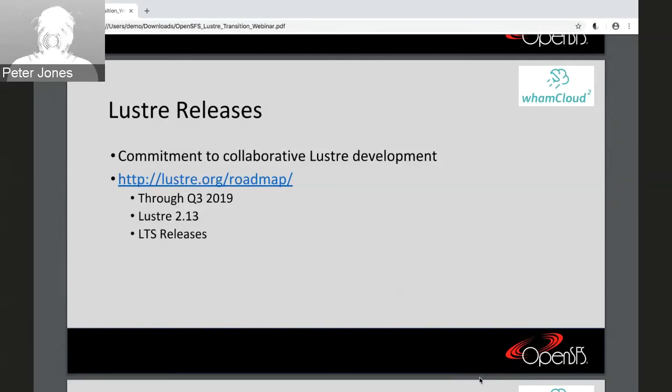And then in that forum over the coming weeks, we will be looking to move out the roadmap and looking at development that people have in flight and where it's likely to land for the releases into 2019. The other major decision we have is around the LTS releases.